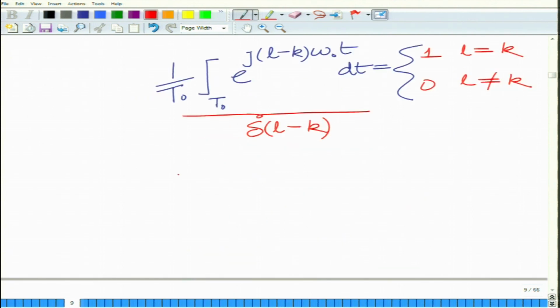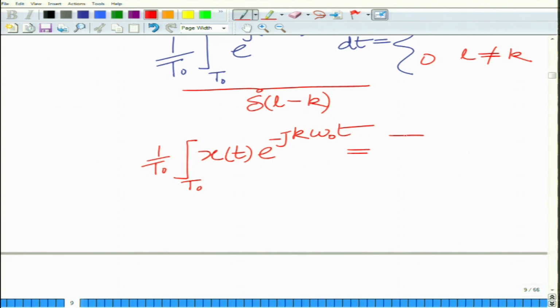So we have 1 over T naught integral of x t e raised to minus j k omega naught t dt equal to summation L equal to minus infinity to infinity C L delta L minus k, where delta L minus k is 1 if L equals k, and 0 if L is not equal to k.